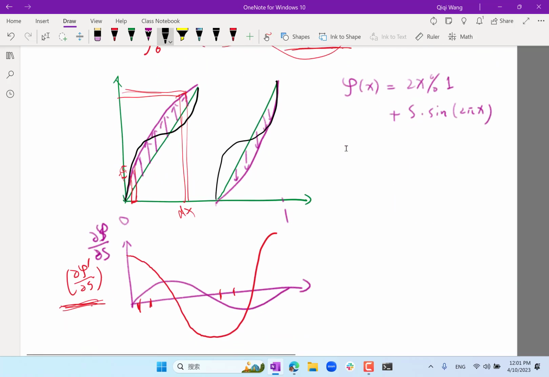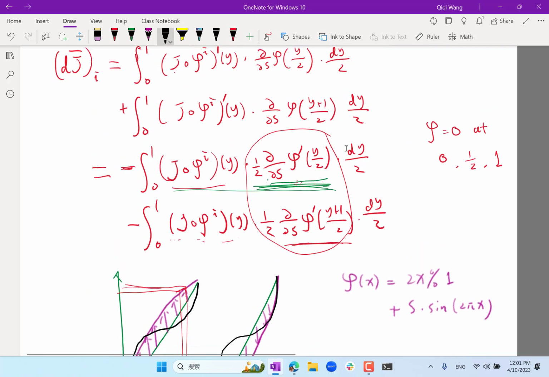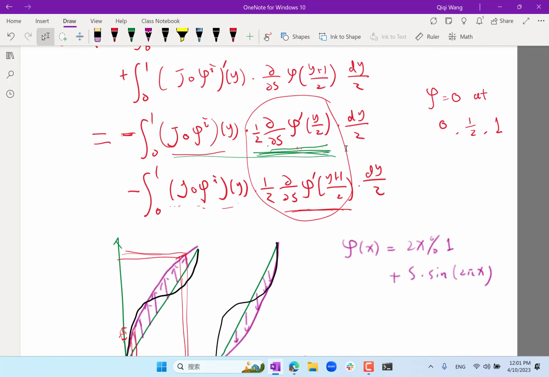So if you take the derivative of the black function, which is something like this, the derivative would be positive here, but also positive here, right? So these two terms are exactly the same. So they double. It's just doubled. All right.